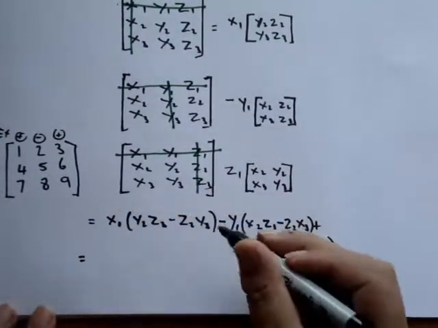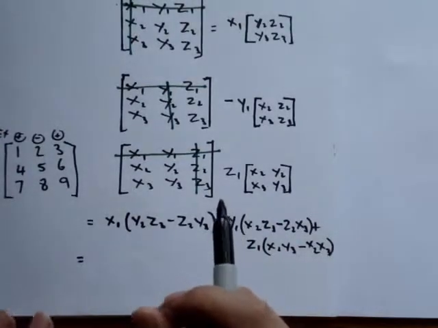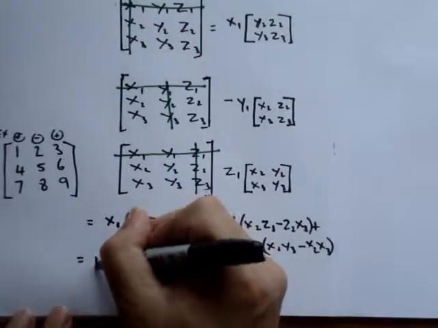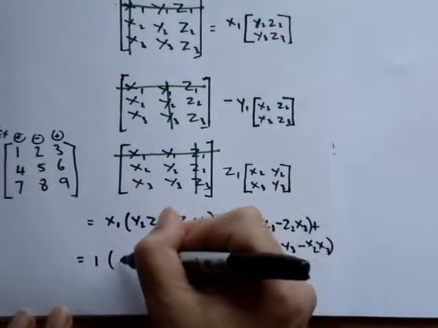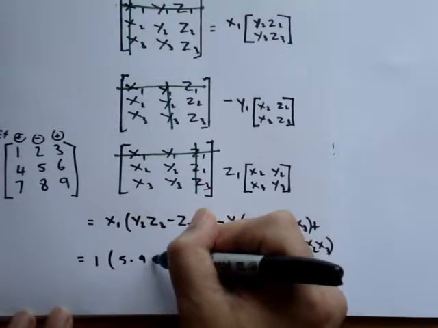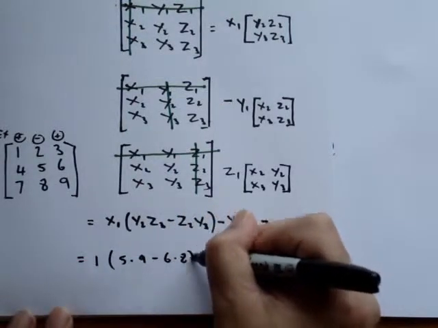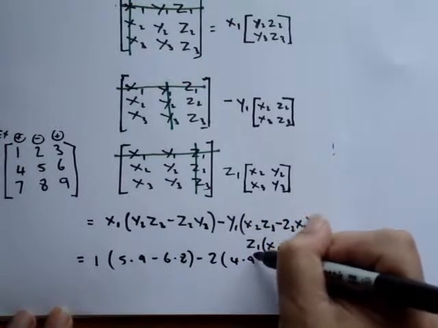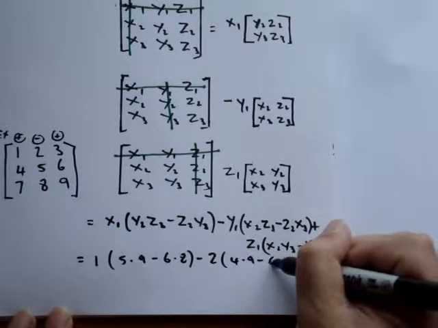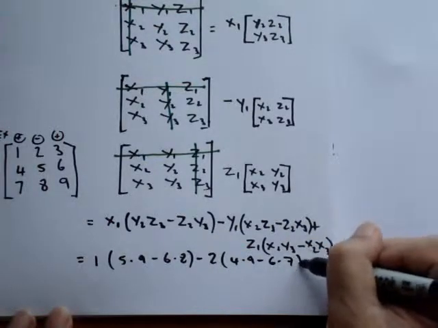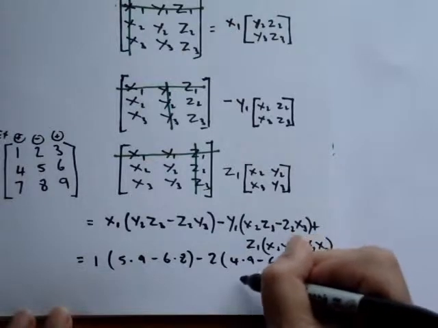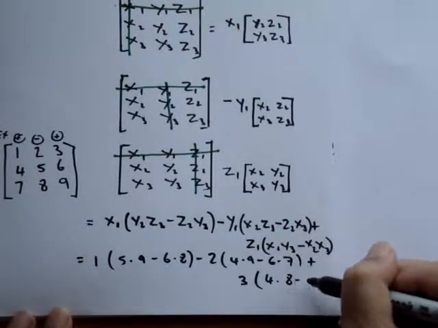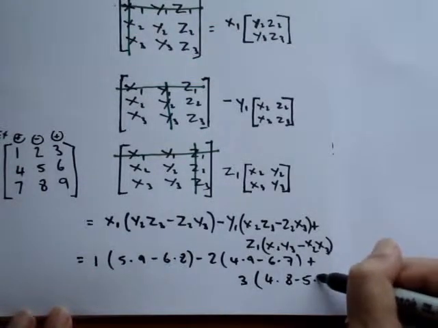So now we just plug in our numbers. For our example matrix, this would be 1 as our x1, 5 multiplied by 9 minus 6 multiplied by 8, minus 2, 4 multiplied by 9 minus 6 multiplied by 7, plus 3, 4 multiplied by 8 minus 5 multiplied by 7.